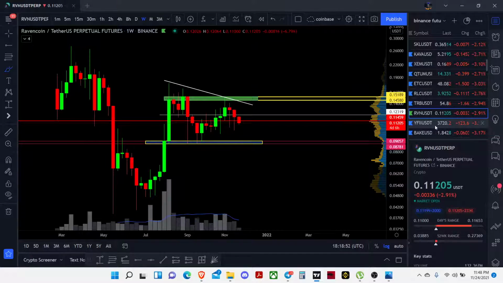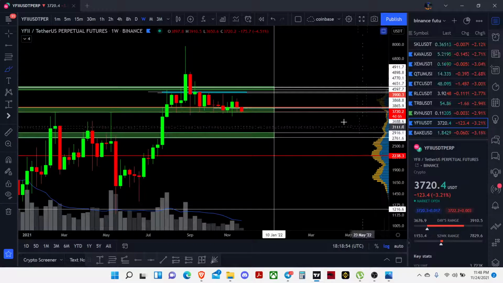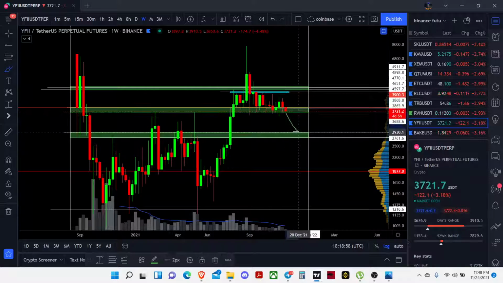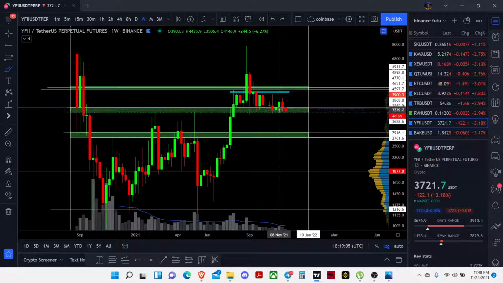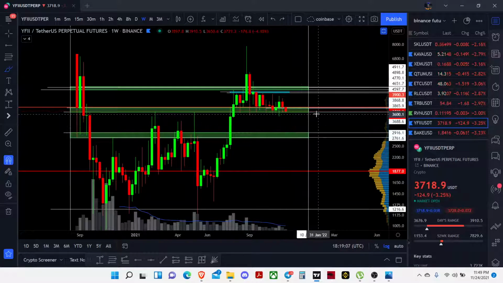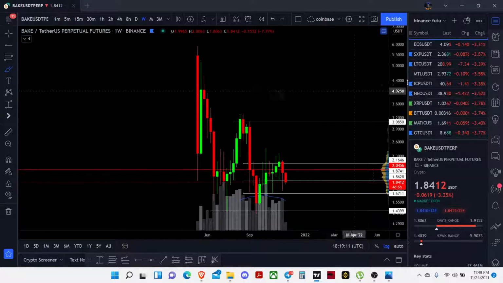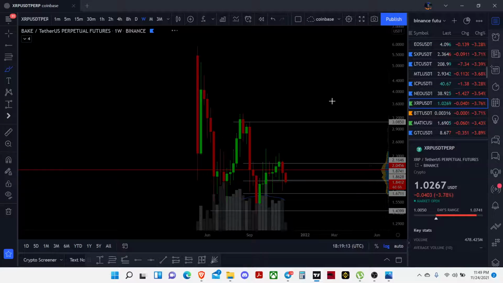YFII is also in a consolidation phase. If this major support breaks, then this is the major level to look for on the YFII. And any other charts? XRP, Ripple.